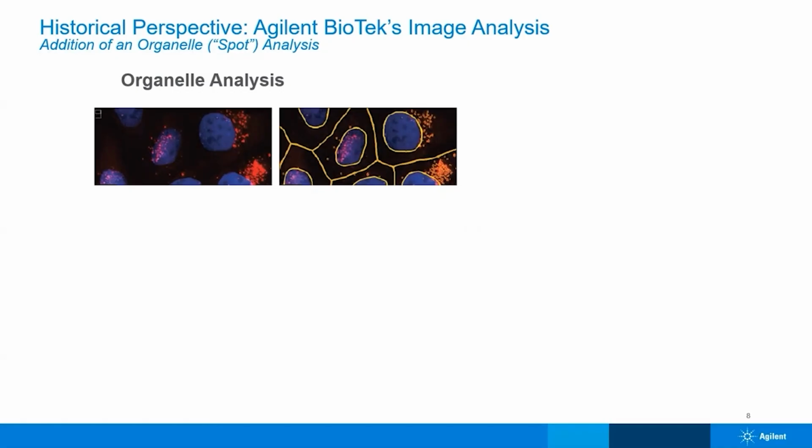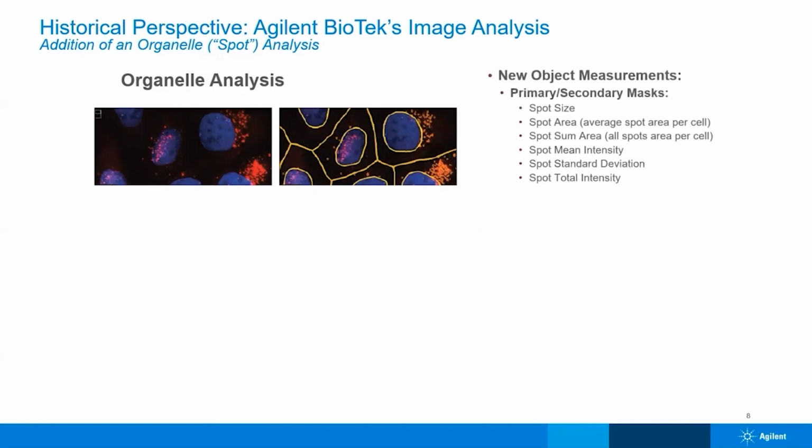On the right-hand side, you can see analysis masks that can measure those little punctate H2AX signal to quantify all of those spots. With this new software capability, you could measure spots in either the primary or the secondary masks, so either the nucleus or the cytoplasm.